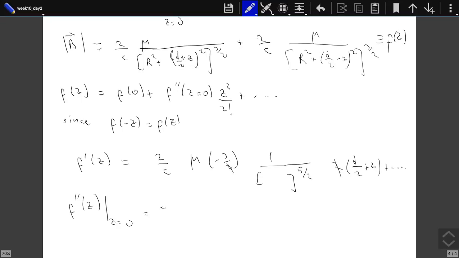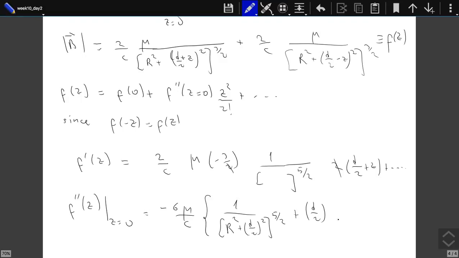This is equal to minus 6 mu over c, times the derivative of d over 2 plus z with respect to z, which is just 1, over (r squared plus d over 2 squared) to the power 5 over 2, plus d over 2 plus z, where I'm setting z equal to 0.